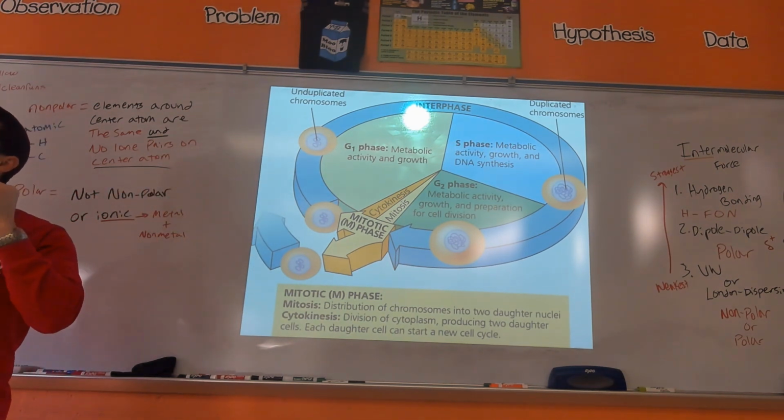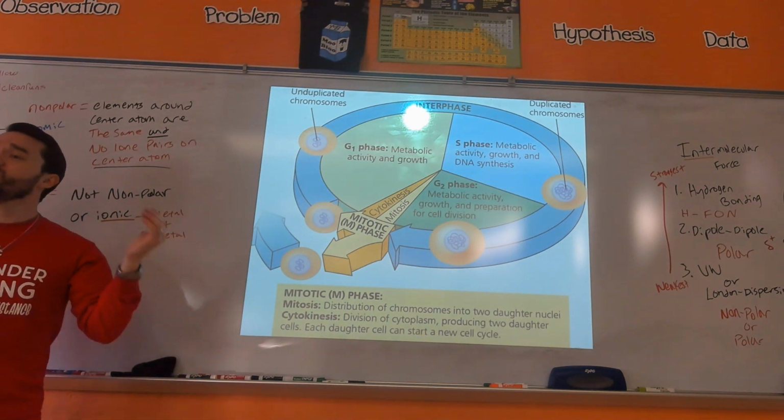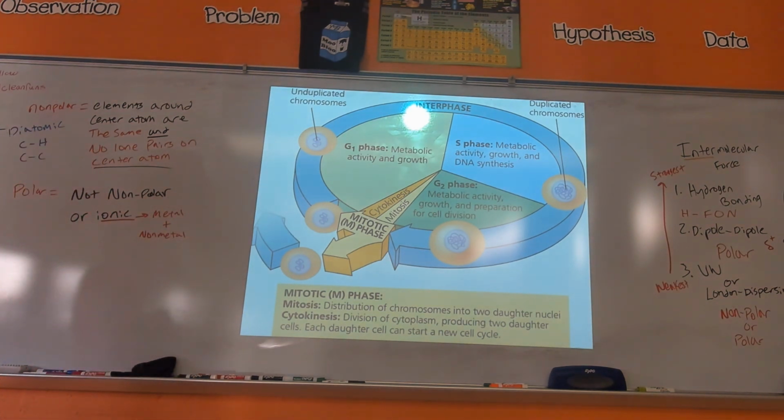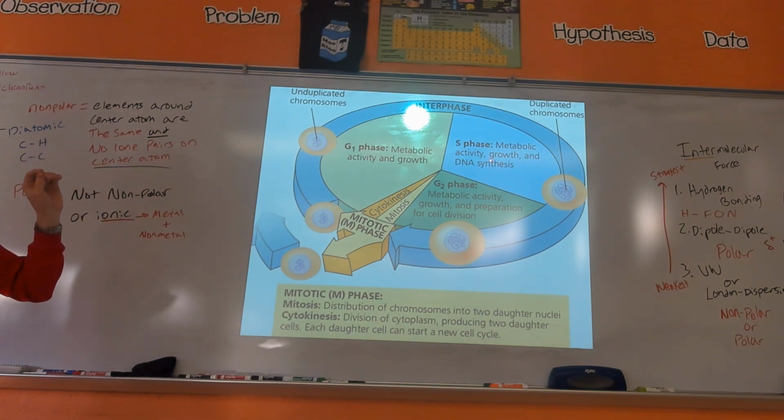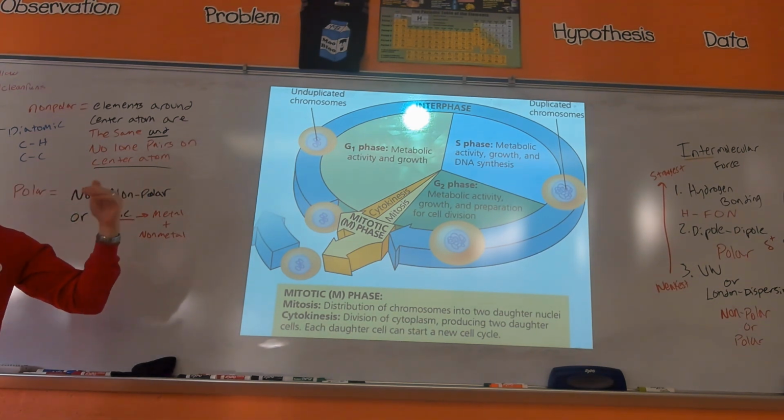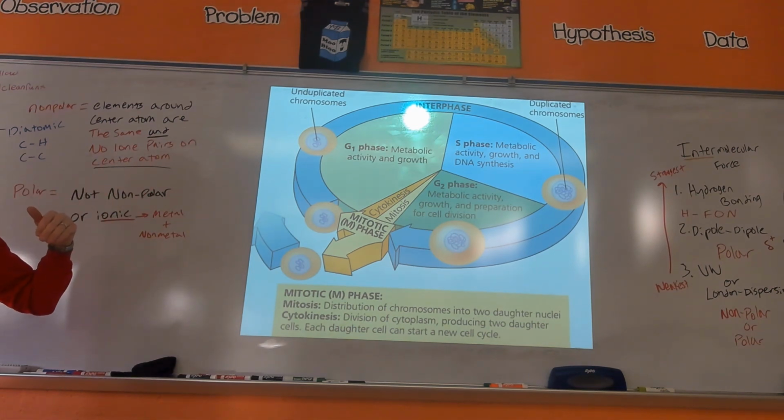We are specifically synthesizing, making another copy of all the DNA. That's the important thing to understand with S phase. G2, we're going to be doing even more cell growth, but we're also really making sure that everything is all set to go for cell division. Make sure we didn't mess up anything with the DNA, that we didn't duplicate the DNA incorrectly.